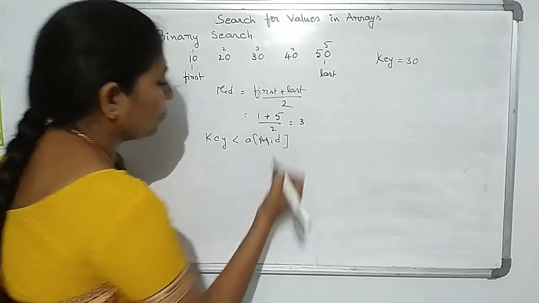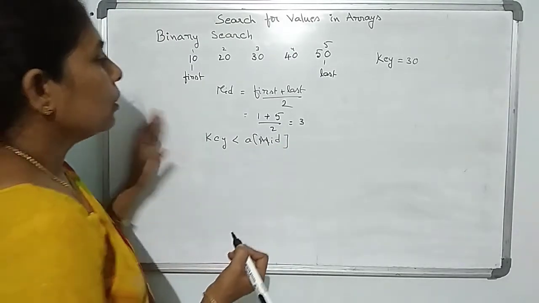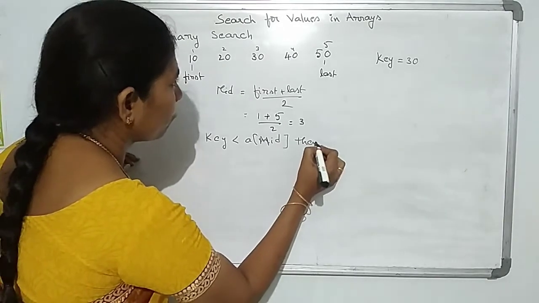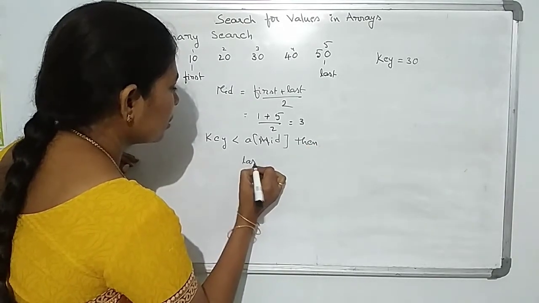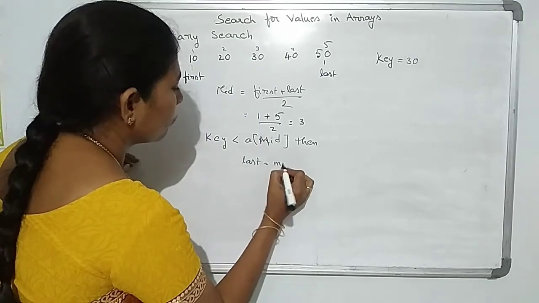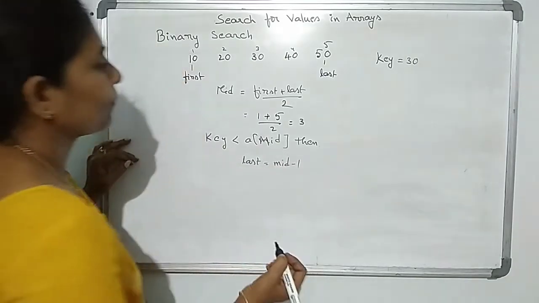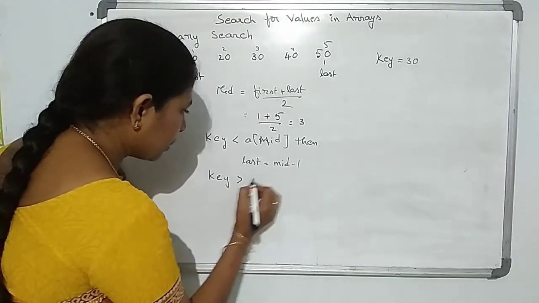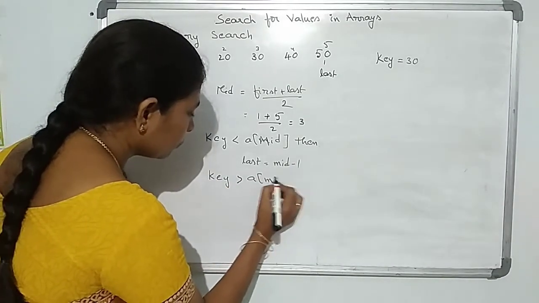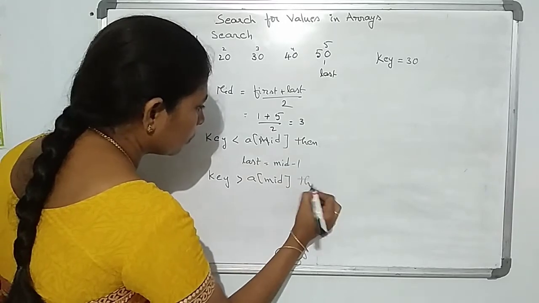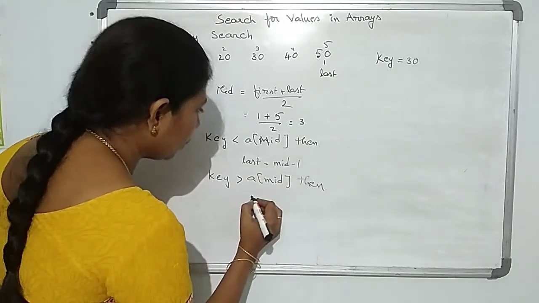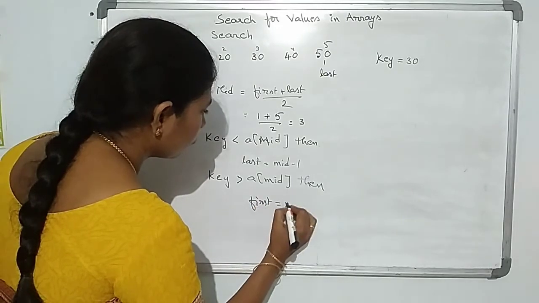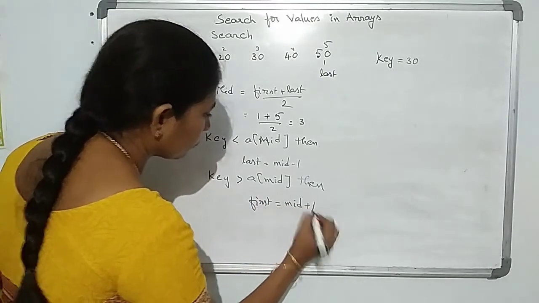If the key element is less than A of mid, then you search with last equal to mid minus 1. Or if the key element is greater than A of mid, then you apply first equal to mid plus 1.